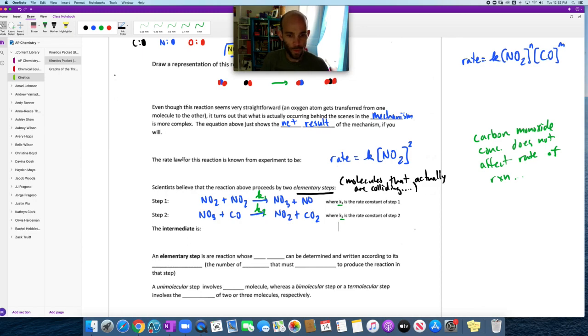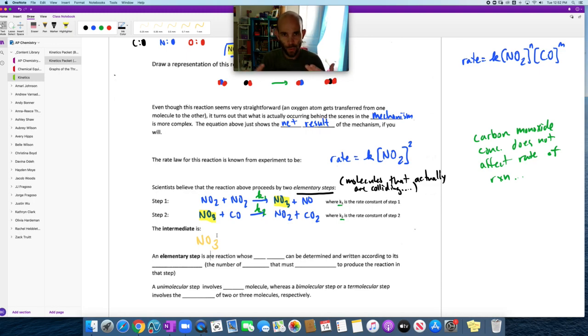Okay, so there's something that's being generated in the first step that is immediately consumed in the second step, and that is what we call the intermediate. NO3 is the intermediate. Okay, it's something that gets generated, but then it is consumed later on. It doesn't accumulate.